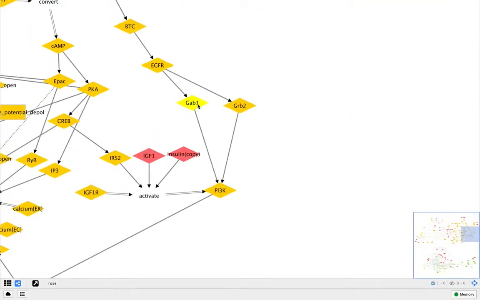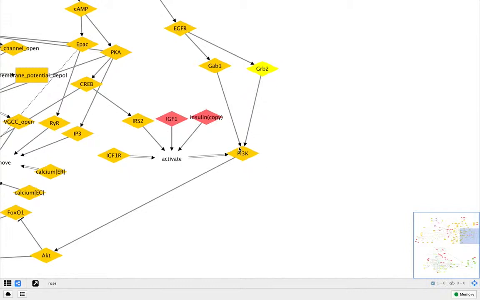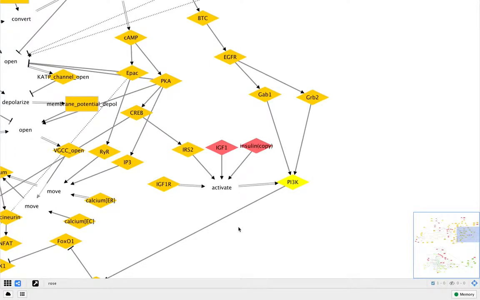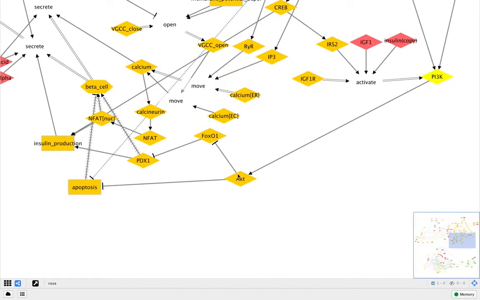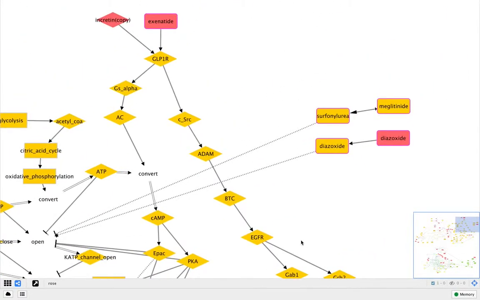the small G proteins called GAP1 and GRB2. This small G protein further activates PI3K. And this PI3K again activates AKT, which increases the production of insulin and proliferation of the beta cell and inhibits the apoptosis of the beta cell.